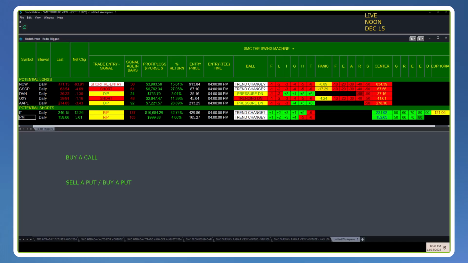Apple is trading at 274, 275. So what we might want to do is do it this way, at 275.